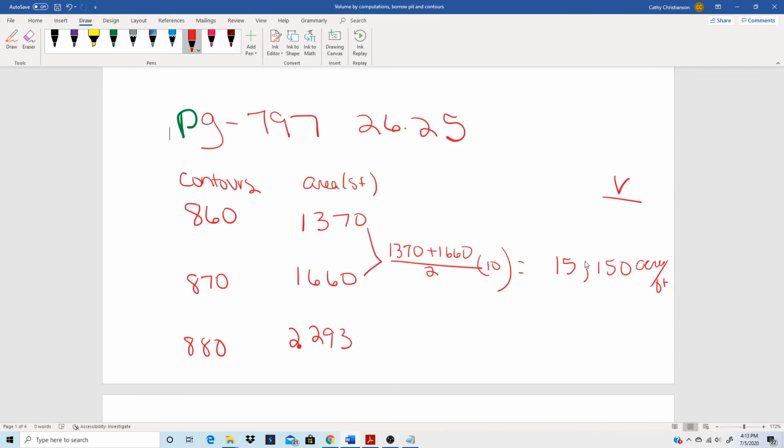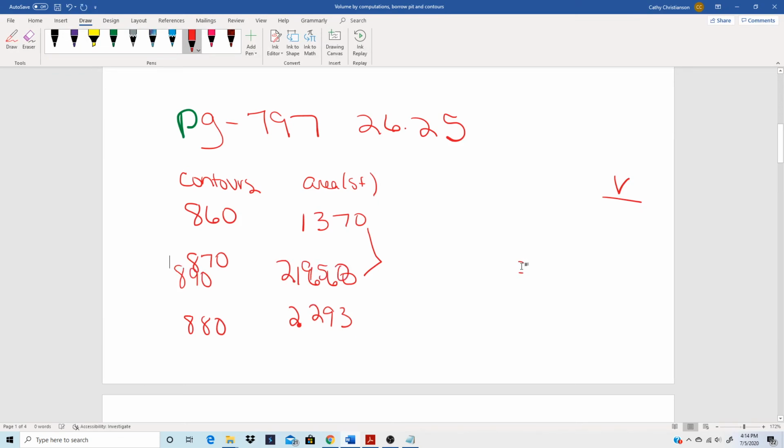Oh, actually, I'm not in acre foot yet. Let me take that back. If that's square feet and my distance is feet, I'm in cubic feet. So I might want to go ahead and change my areas to acres.